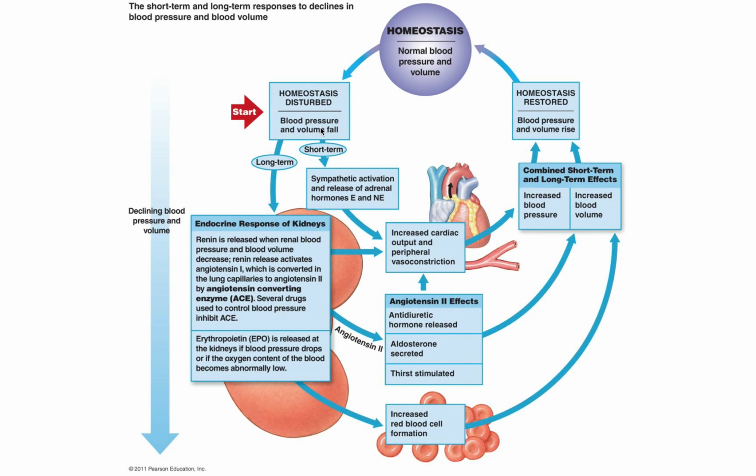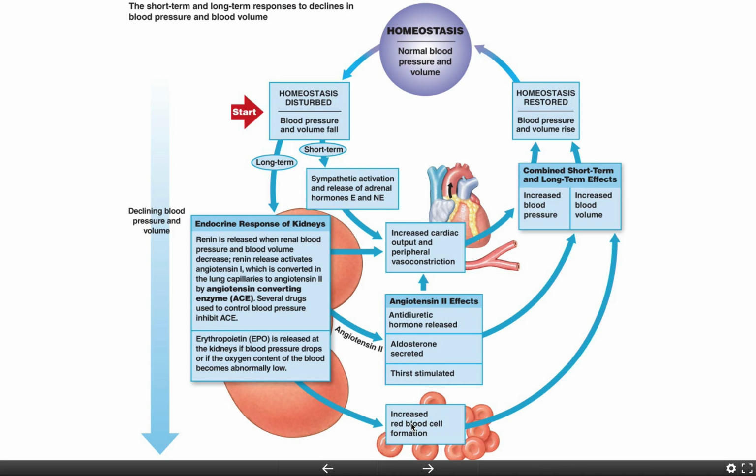When blood pressure falls, the sympathetic nervous system is activated. It increases cardiac output, so we're going to increase cardiac output. It also increases vasoconstriction, so that's going to make the blood vessels smaller, increasing the resistance, and that's going to increase blood pressure. Also, the endocrine system gets involved, and it's going to release EPO, which is going to cause the formation of blood cells.